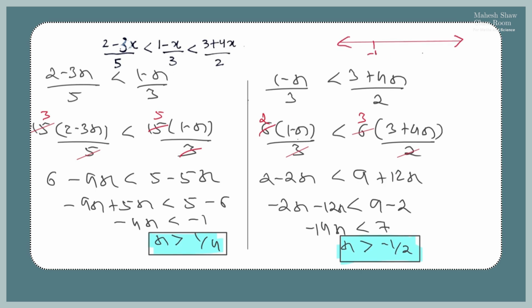If it is negative half and this is positive 1 over 4, what you can observe is that the common solution for both will be x greater than 1 over 4. So the final answer will be x greater than 1 over 4. So we can write x belongs to (1 over 4, positive infinity), with 1 over 4 not included.